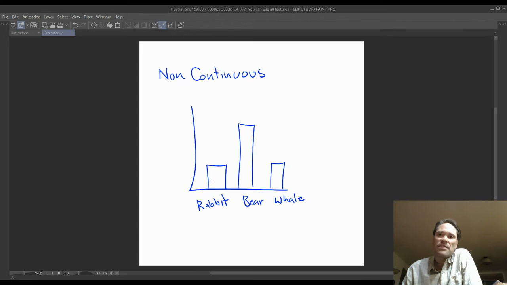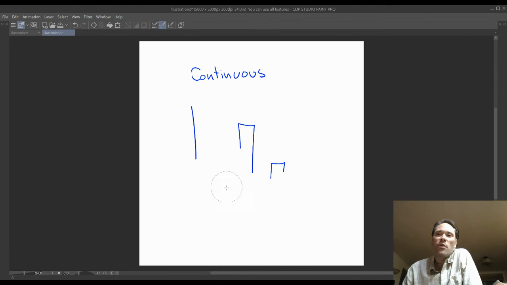But there are other kinds of data out there that are not non-continuous data. We would call them continuous data. And continuous data is not great for graphs like this because we can imagine something in between. And a graph that works out really well for continuous data is a graph that we could call either an XY scatter or a line graph, right?